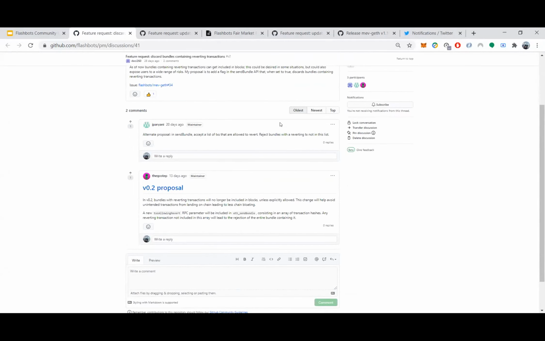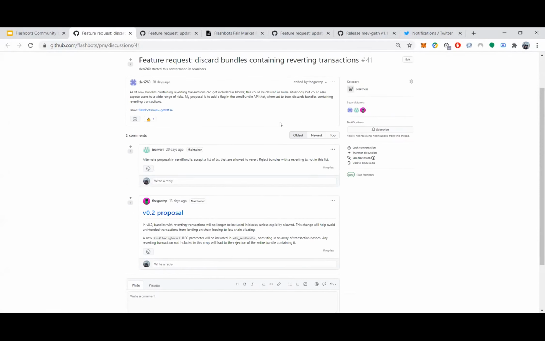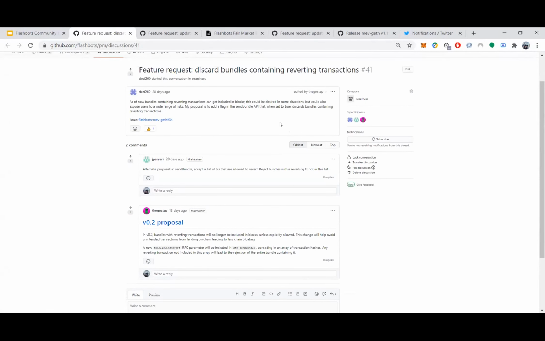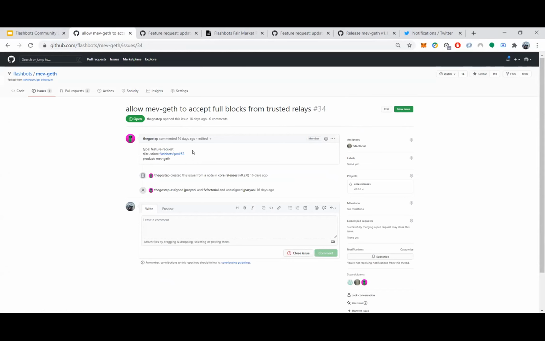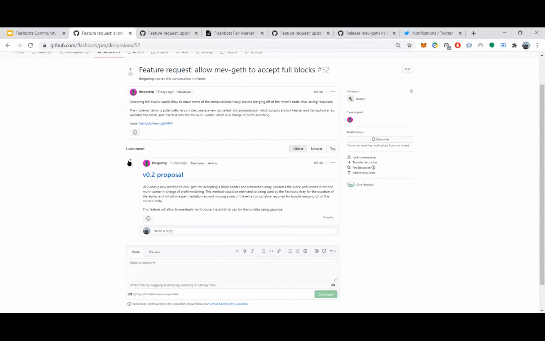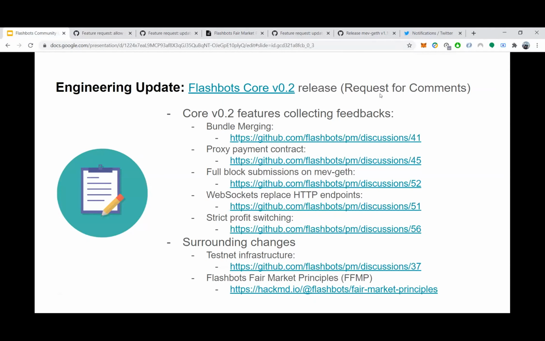That's great for searchers that find really profitable strategies, but there might be searchers that are looking more at the long tail of strategies that are slightly profitable, but aren't able to compete with some of the large transactions. So bundle merging essentially proposes a method by which we can combine both of those systems.